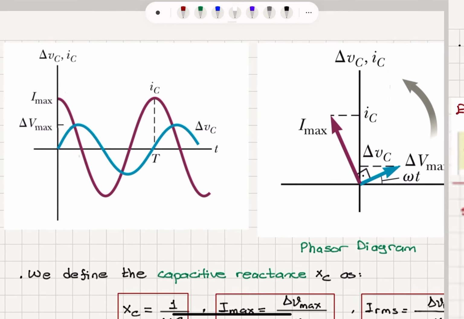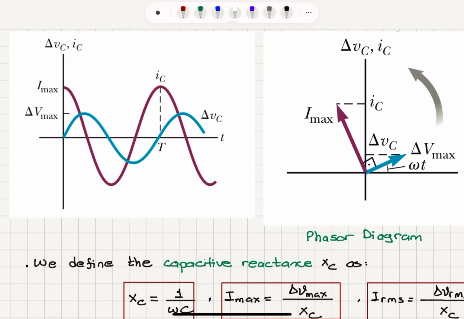So if we plot the voltage and the current as a function of time, this is our sine omega t, the voltage that starts with 0 phase. It's going to reach a maximum voltage at time T over 4, a period divided by 4. So let's see what the current did.